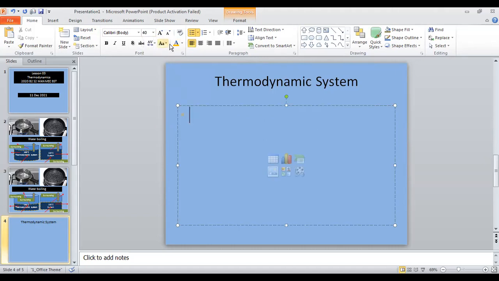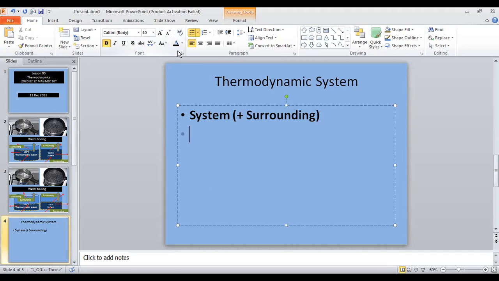Yes, the system is there, but the surrounding is also there. System plus surrounding. Okay. You have to recognize this. Otherwise, you will miss the thermodynamics analysis.